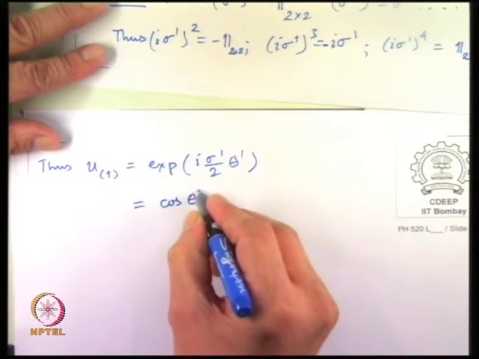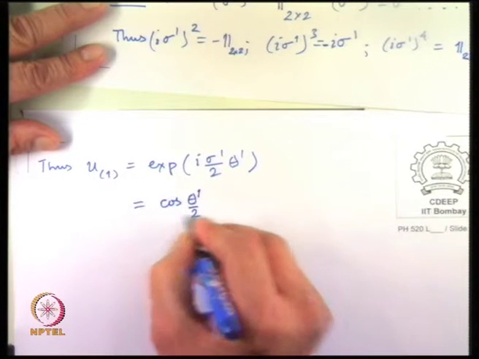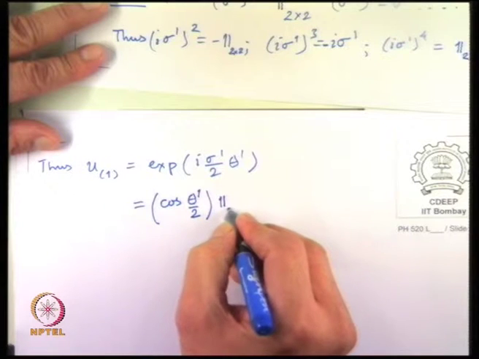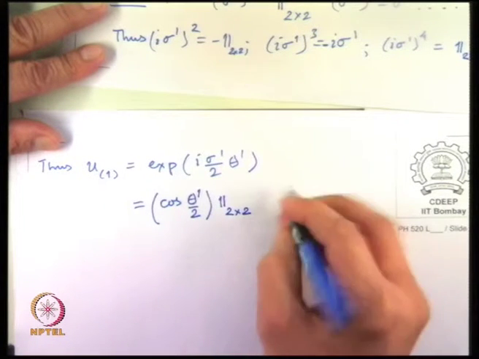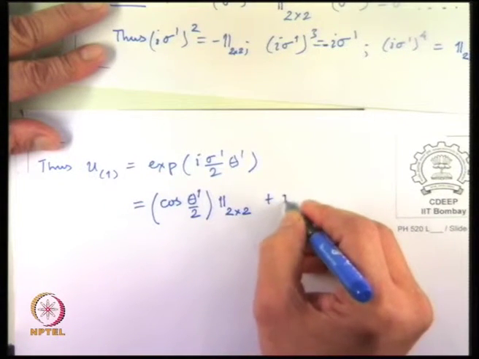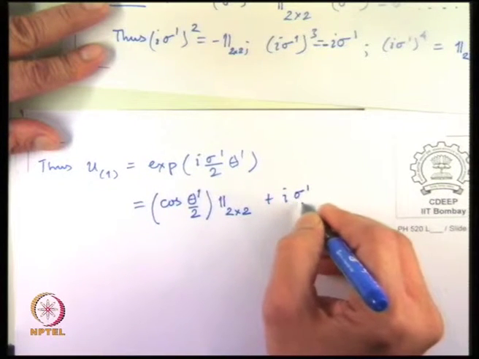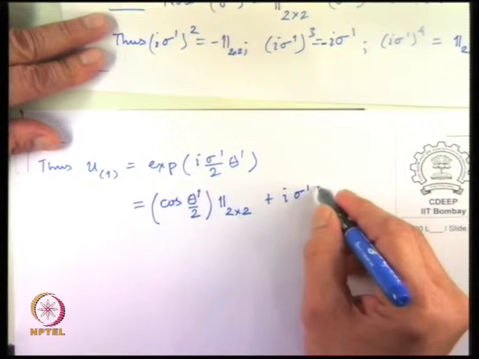We will stick to it for the time being and later see why we put the half factor. So cosine theta by 2 times the 2 by 2 identity matrix plus I times sigma 1 times sine theta by 2.